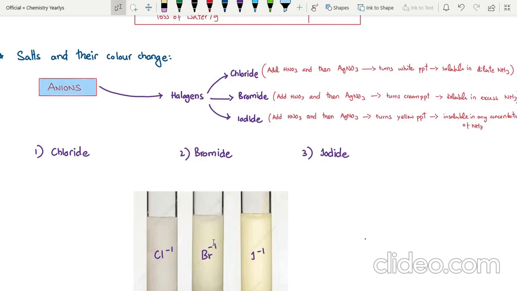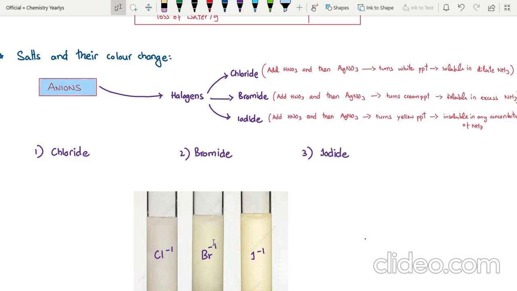The chloride will turn a white precipitate with the silver nitrate, while the bromide turns a little bit creamish precipitate, while the iodide turns yellow. Cream actually means a little bit of warmer white, not that type of cream, like it has a tinge of red in it.